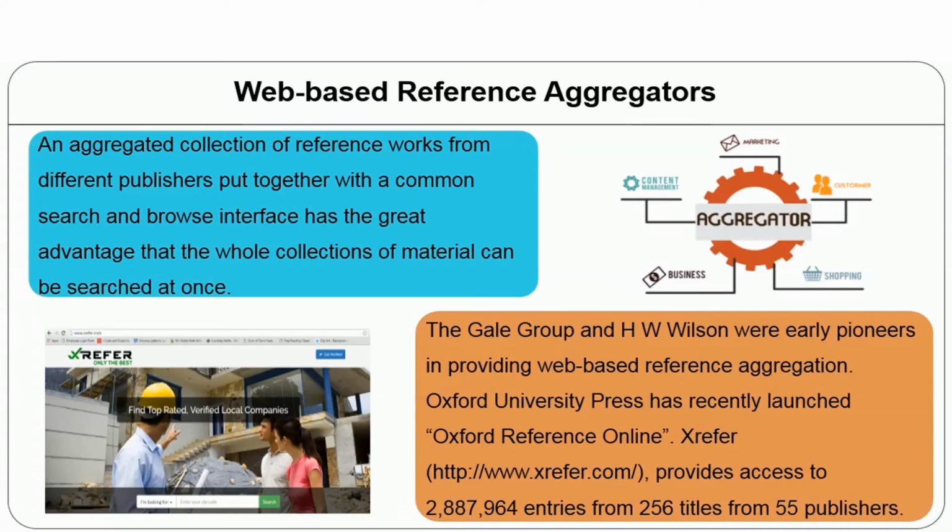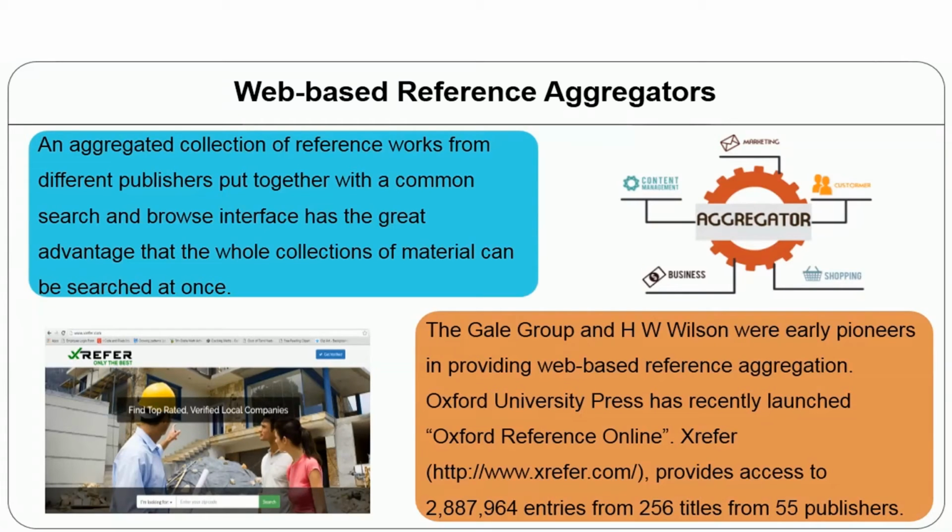One example: the Gale Group and H.W. Wilson were earlier pioneers in providing this kind of web-based reference aggregators. Oxford University Press has recently launched Oxford Reference Online, ORO. That is called XRefer. The X is taken from Oxford, and refer, XRefer.